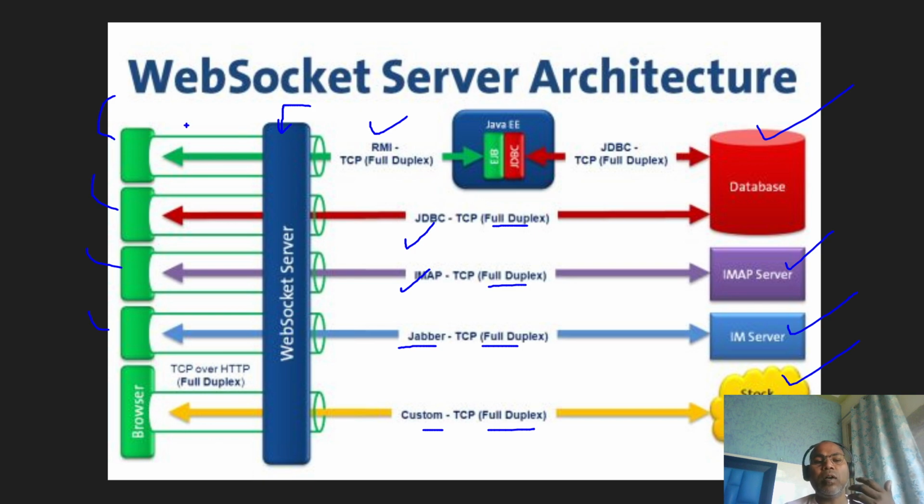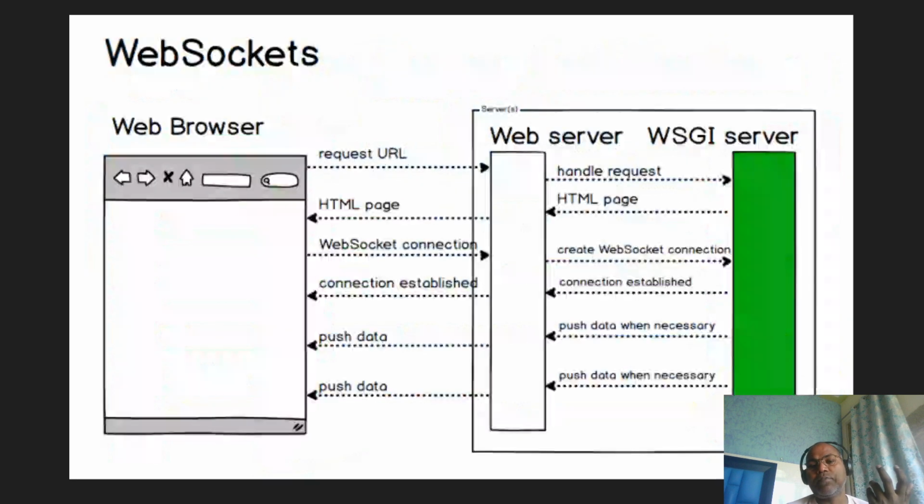First all the browsers are connected to the web server, and the web server directly makes a TCP, full duplex communication with the actual server, maybe a Java-based application or any third-party application. That way bidirectional communication happens over TCP over an HTTP full duplex connection.